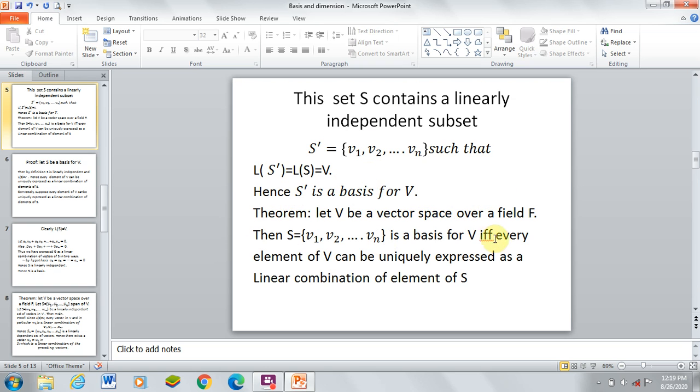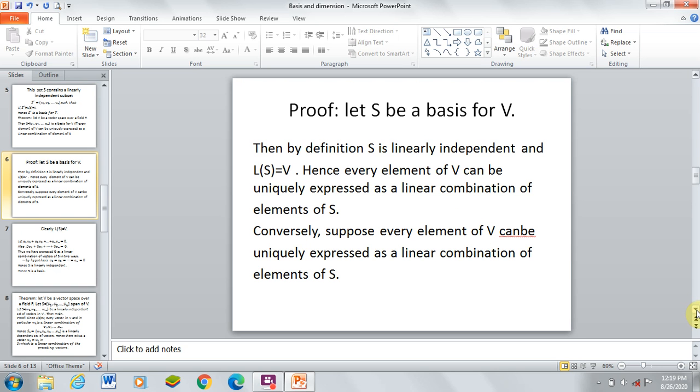Let V be a vector space over a field F. Then S equal to v1, v2, etc., vn is a basis, where basis means linearly independent and L of S equals V, if and only if every element of V can be uniquely expressed as a linear combination of the elements of S. Let us see the proof of the theorem.